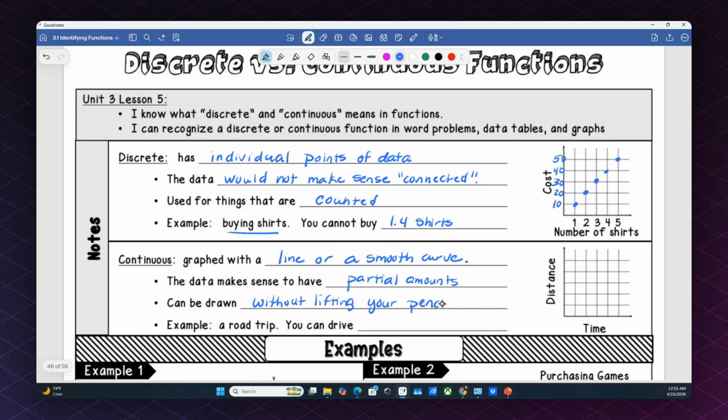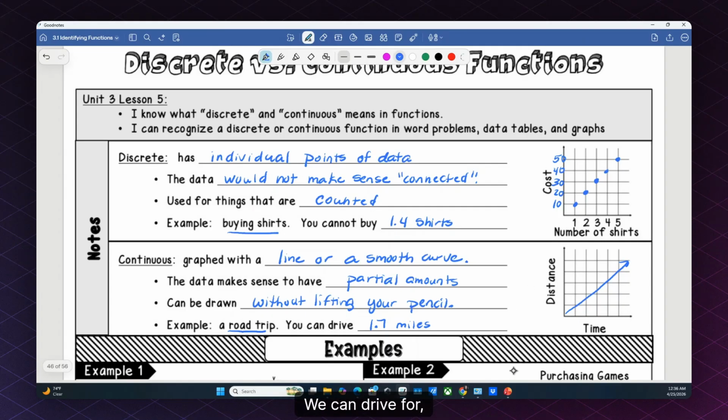If we did an example, we could say a road trip. You can drive 1.7 miles. That is a possibility, right? So as our time and distance, as we're driving, we might have a line that looks like this. We can have points in between that make sense.